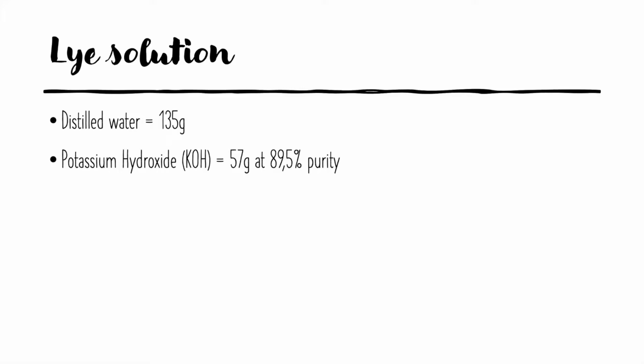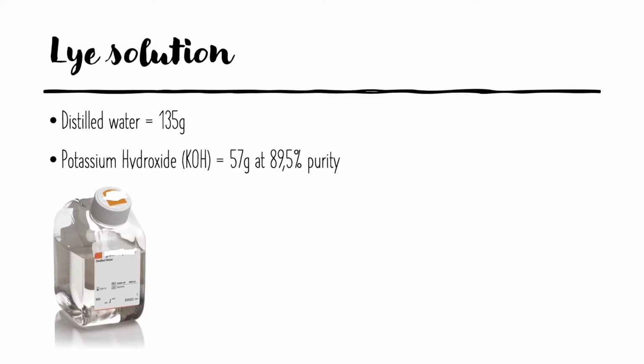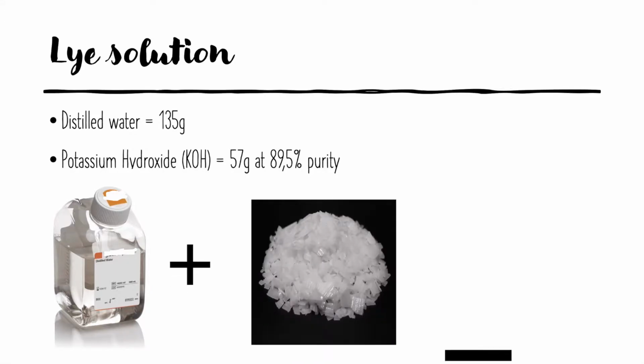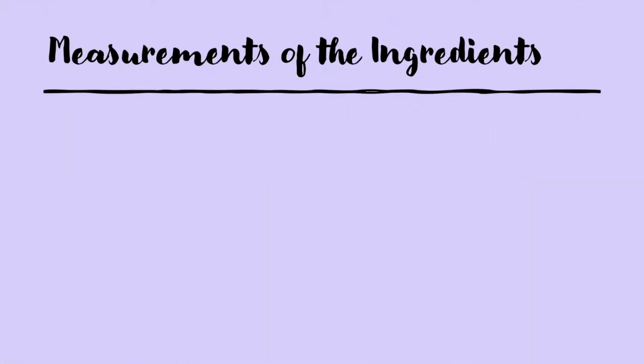If you have more or less, you have to recalculate the grams you need to use for distilled water and potassium hydroxide in a soap calculator. As we know, we need water plus potassium hydroxide to create our lye solution to be able to make liquid soap.